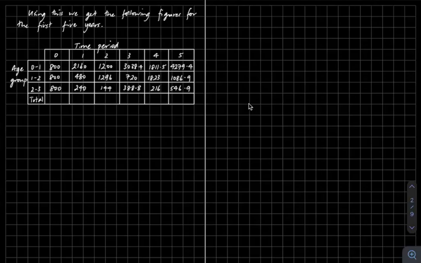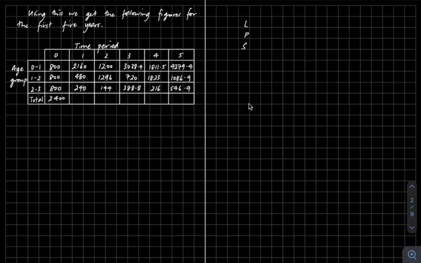Now if we wanted to get the total, obviously the initial one is pretty easy, so rather than having to go through and add those up each time, we could do that using a matrix calculation. So you've defined your L matrix and your P matrix on your calculator. Now we've got 3 age groups here.